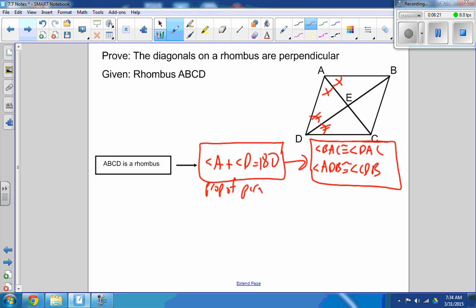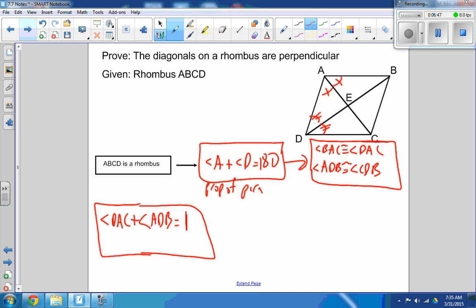So that means angle DAC plus angle ADB equals 90.